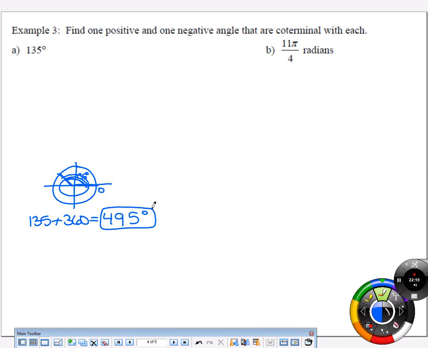How about negative? How am I going to get the negative angle measurement that should correspond with 135? That means instead of starting here and going counterclockwise, I want to go clockwise and end there. So how am I going to figure out that amount? Good. Okay, so you're basically doing 135 minus 360, and with the way that positives and negatives work, that's the same thing as 360 minus 135, but with a negative sign because there's more negatives, right?